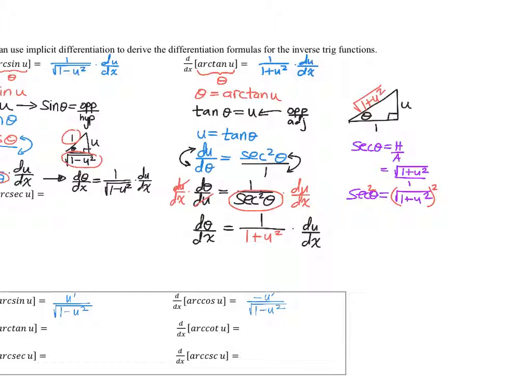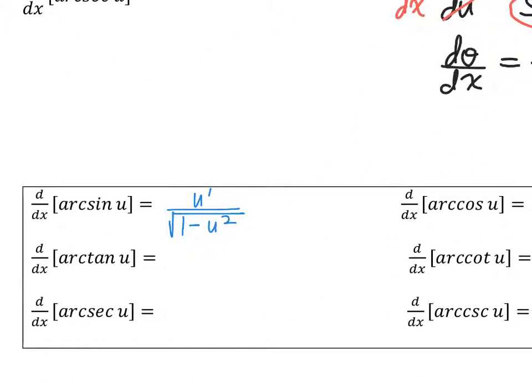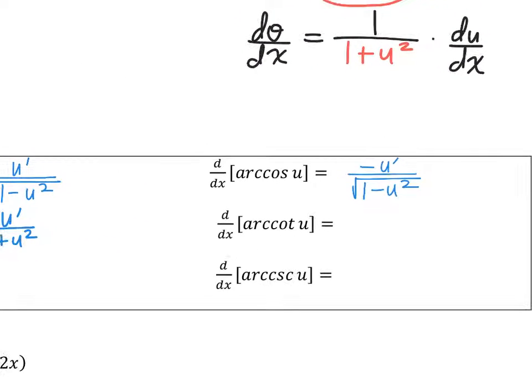So write it as u prime over 1 plus u squared. All right? The arc cotangent is just the negation of that.